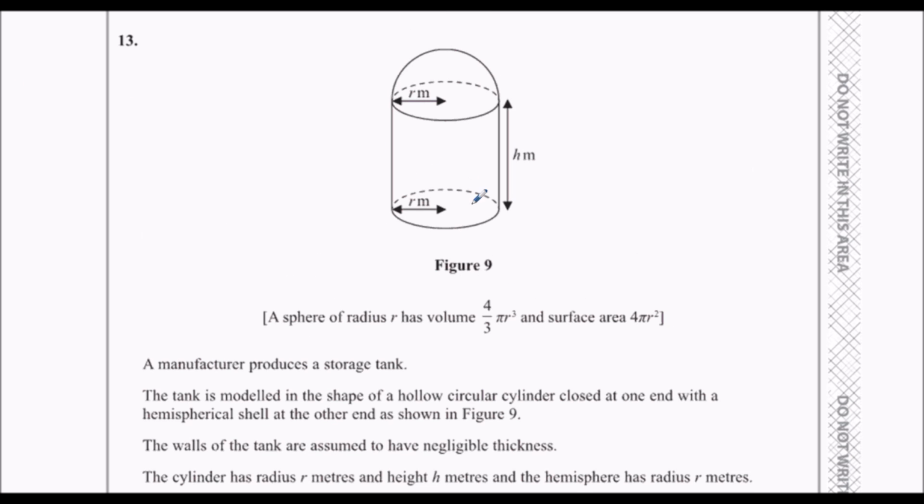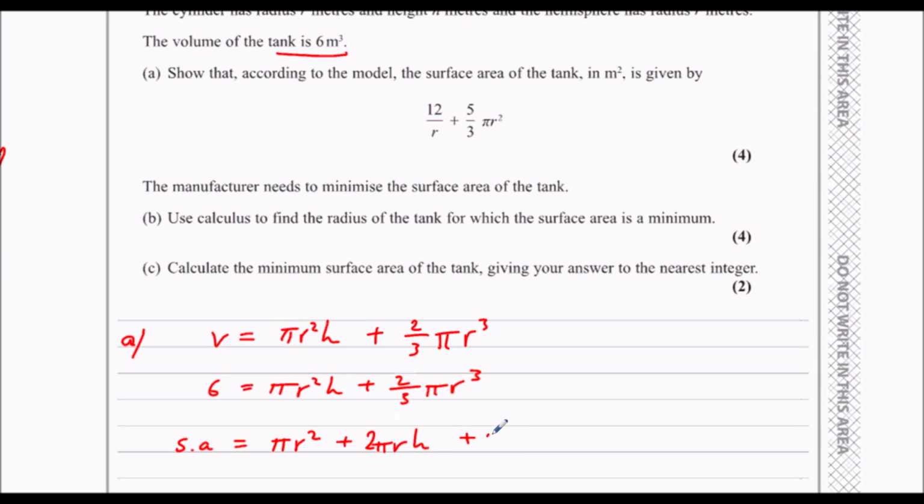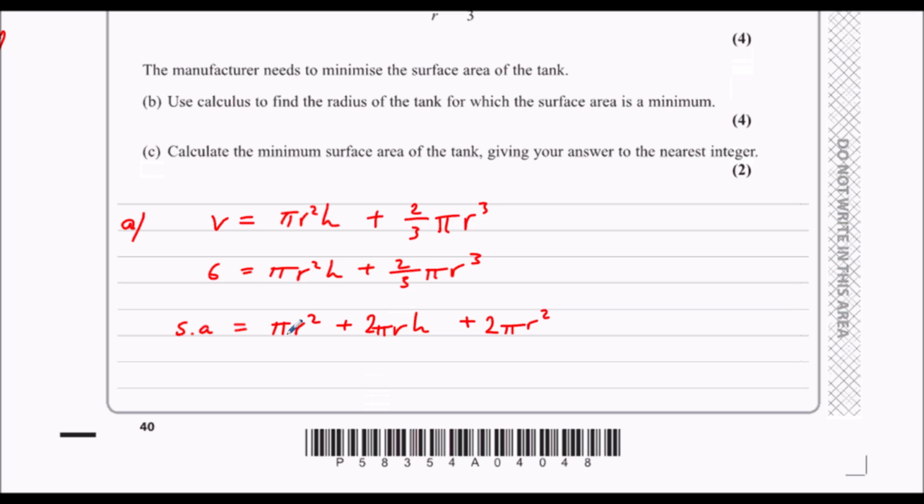And half a sphere is going to be 2 pi r squared. So we've got 3 pi r squareds plus 2 pi r h.